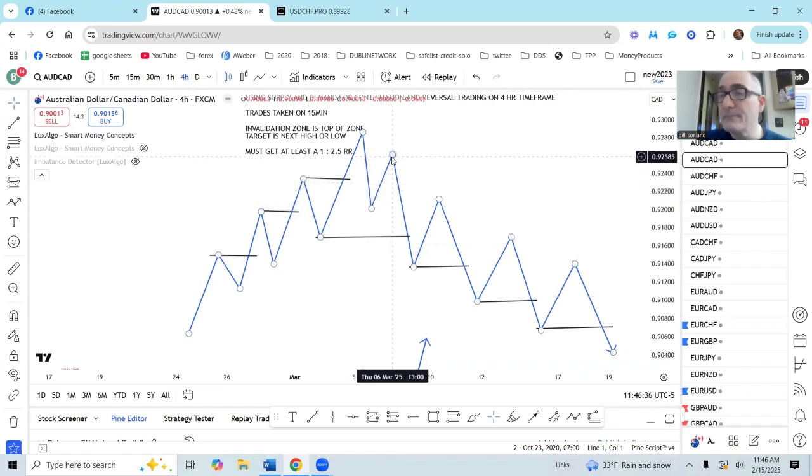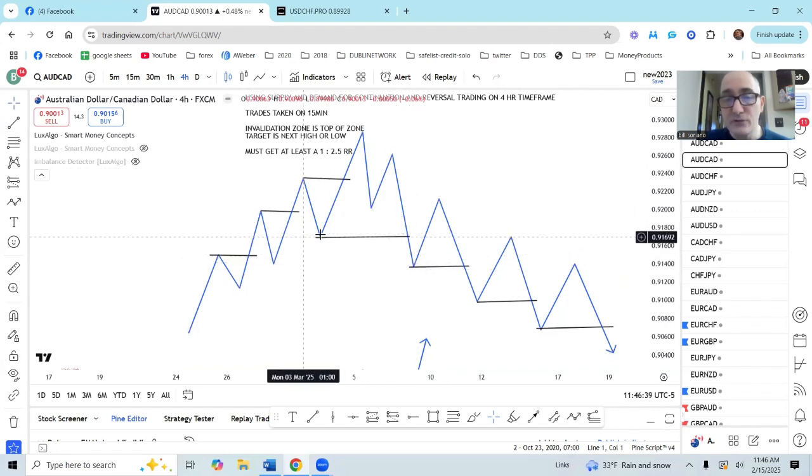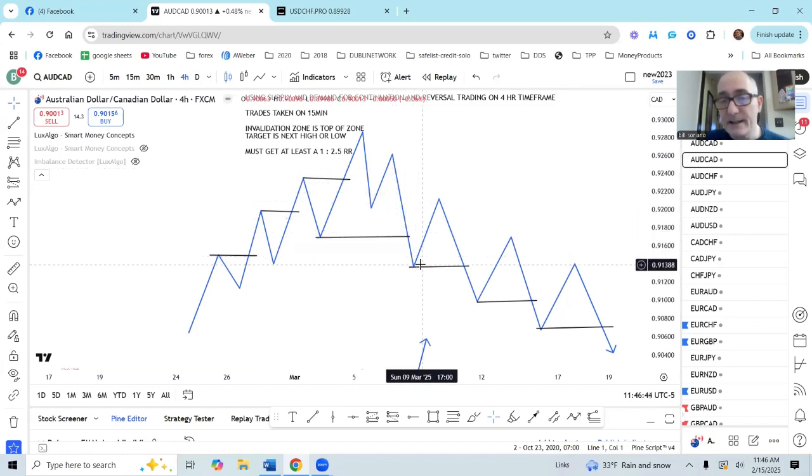Price then fails to make a higher high, and it moves down, breaks this structure, which we call a change of character or a choke, and it makes a now lower low. Okay, so at this point, now the bias on the market is bearish.